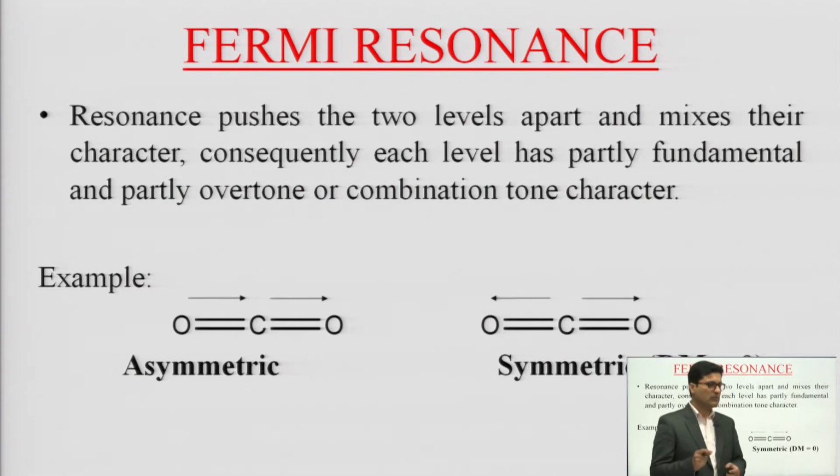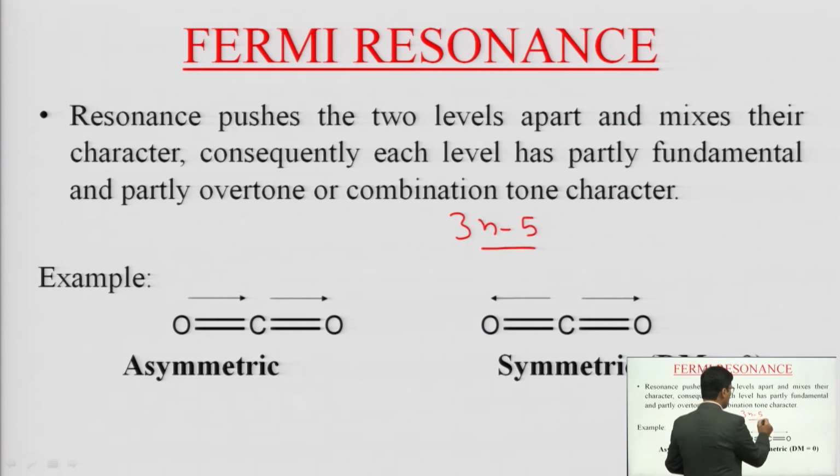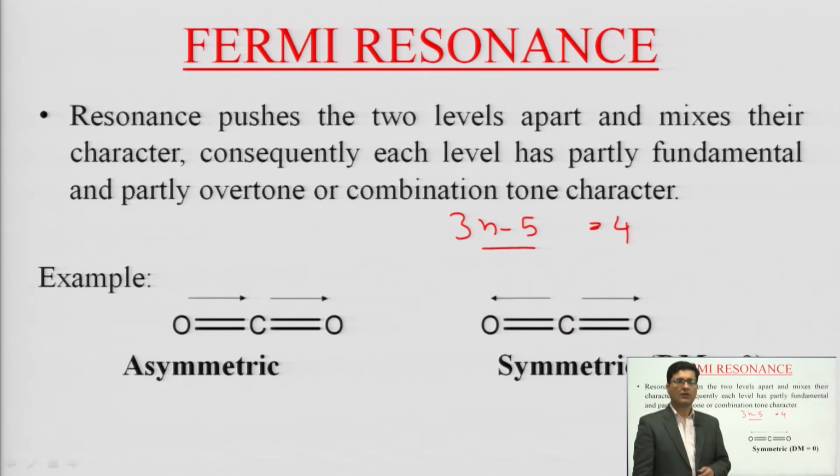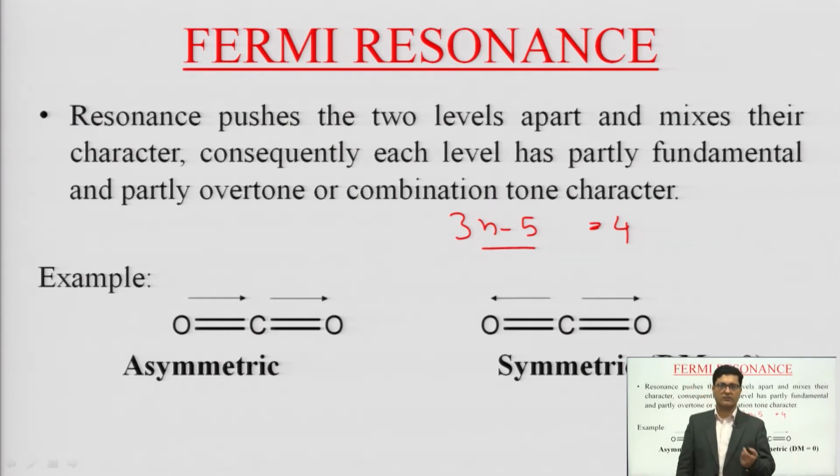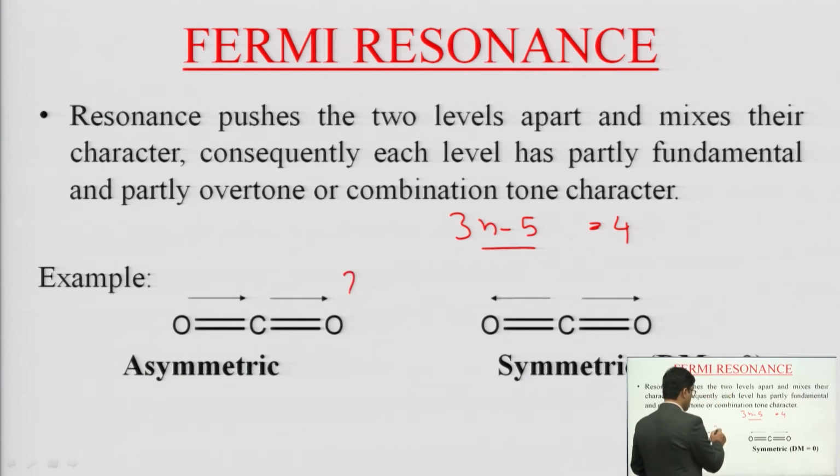This was mainly explained by taking the example of carbon dioxide. CO2 is a linear molecule, and we have already studied that for a linear molecule we can calculate the fundamental vibrations by the equation 3N minus 5, which gives the value 4 for CO2. It has two stretchings, symmetrical and asymmetrical. The asymmetrical vibration is generally not active in IR, while the symmetrical stretching is observed in Raman spectroscopy.